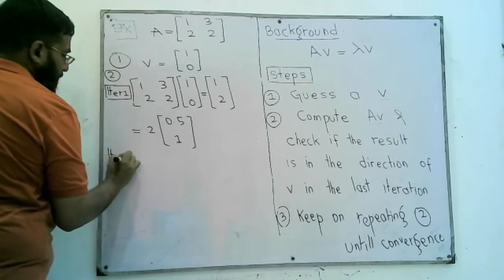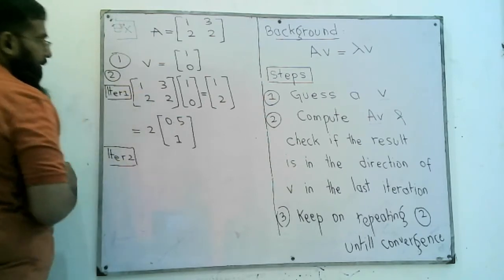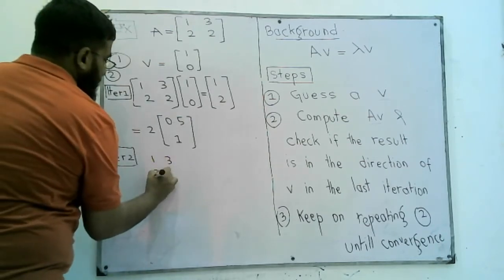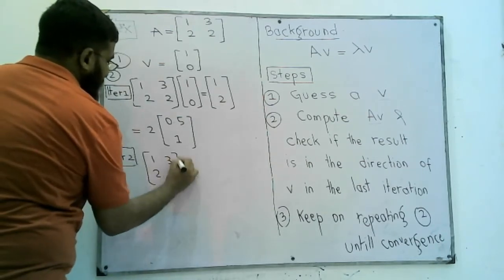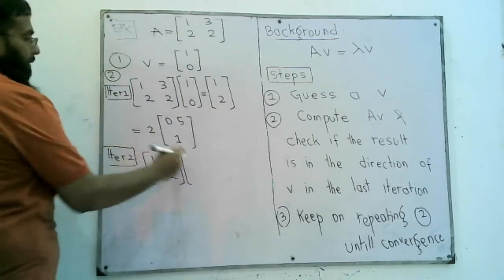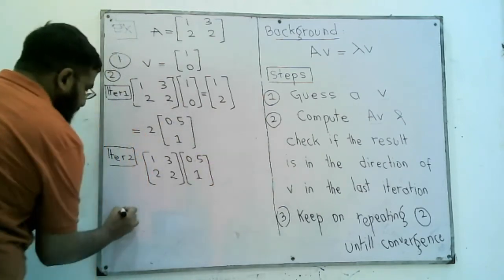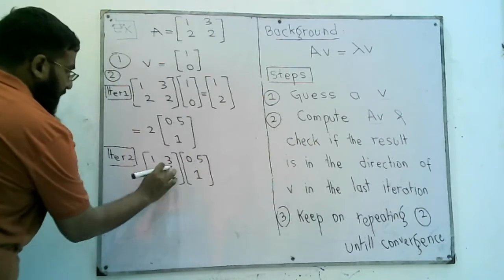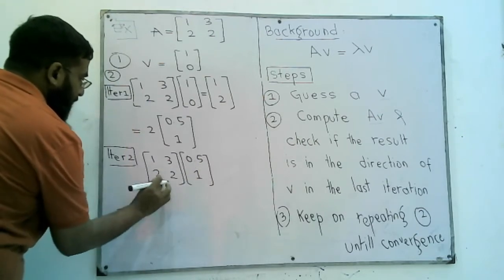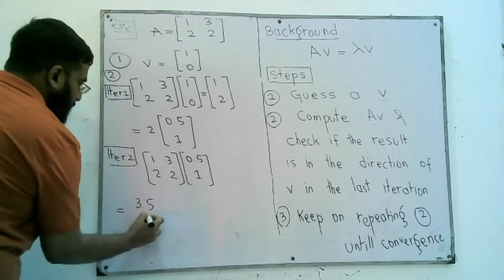So we'll continue with the second iteration. We'll multiply the same A with the new vector we computed in the last step, [0.5 1]. 1 times 0.5 is 0.5 plus 3 is 3.5. 2 times 0.5 is 1 plus 2 is 3.